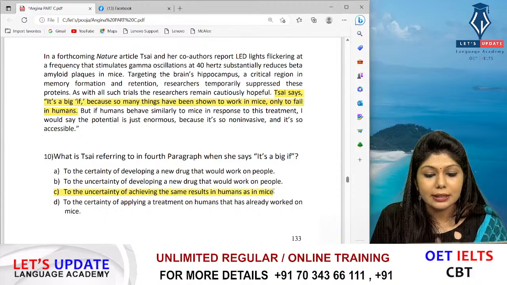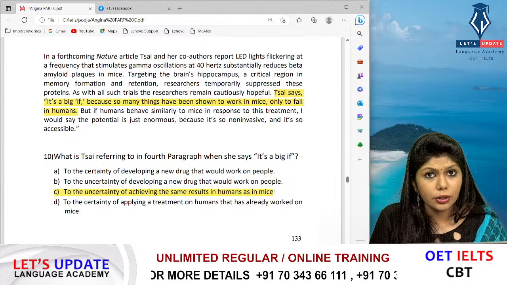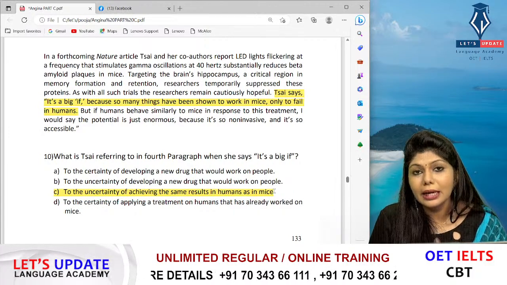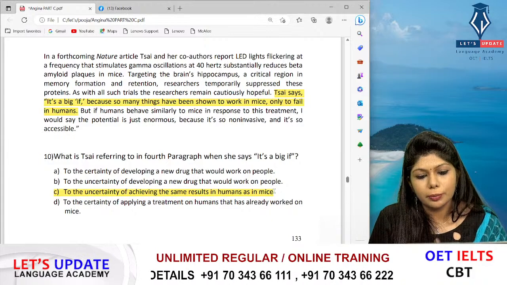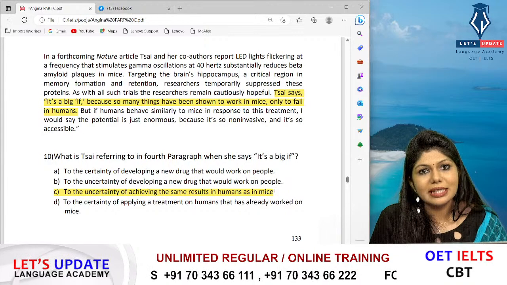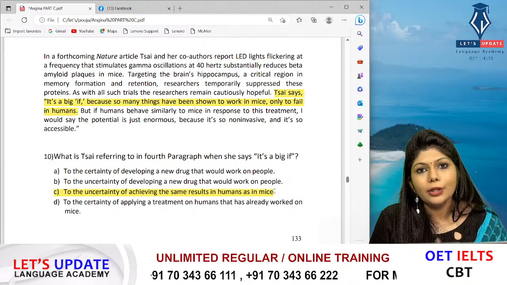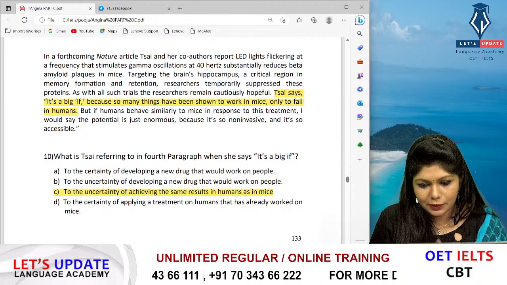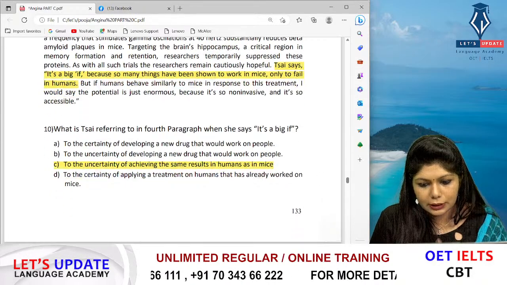Because some results may have worked in mice only to fail in humans. That means it may not work in humans. So they are uncertain about achieving the same results in humans as they have achieved in mice, and that is why it's C. Hope that's clear to you.